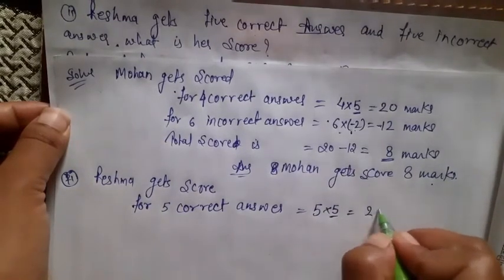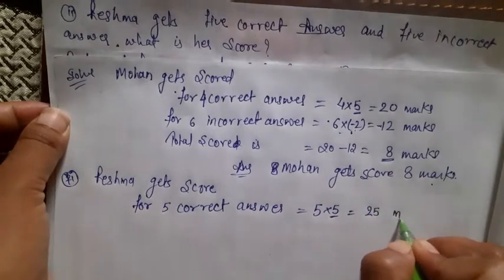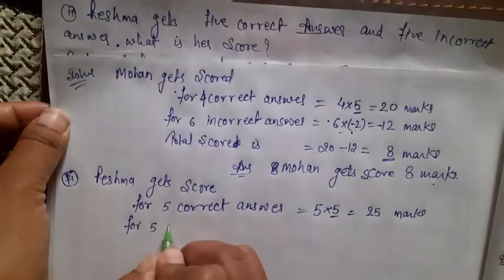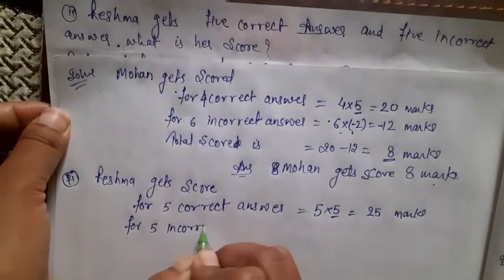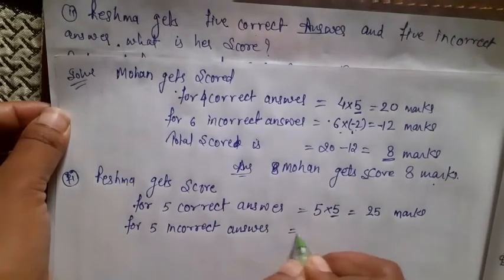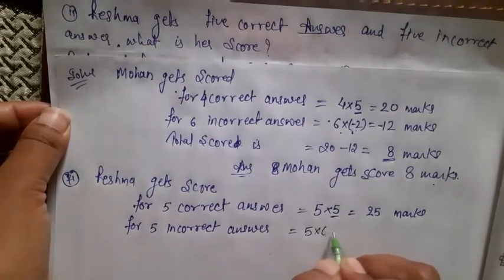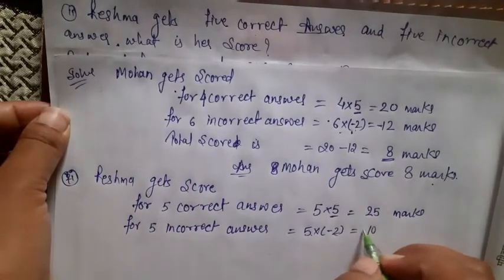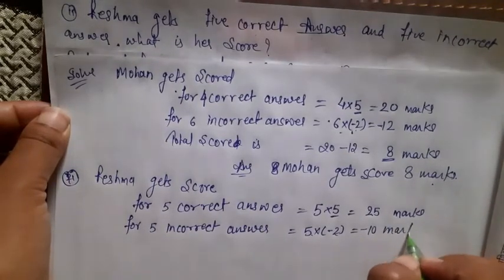So 5 into 5 is 25, and for 5 incorrect answers, here 5 multiply minus 2. So 5 twos are 10 and the sign is minus here.